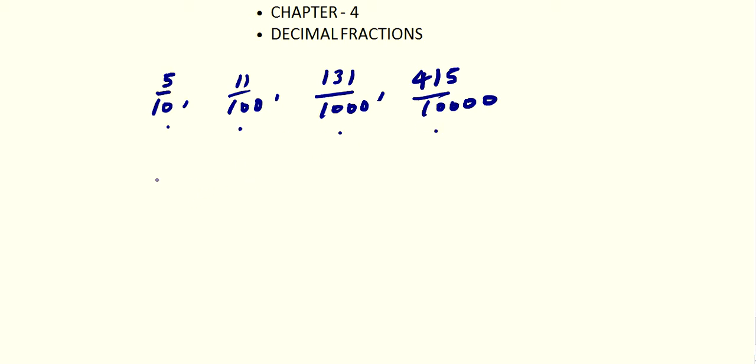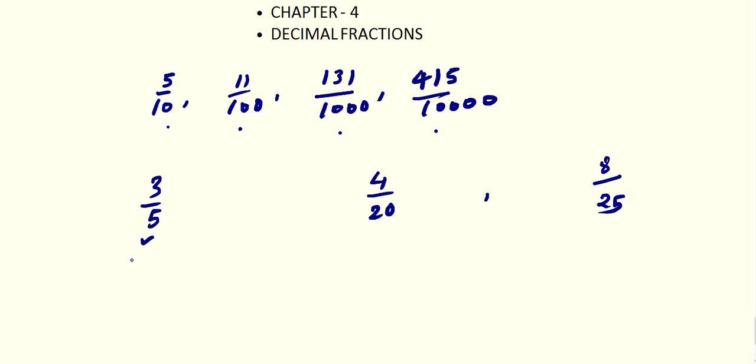Then what about 3 by 5, 4 by 20, 8 by 25? First you have to see the denominator. In 3 by 5, the denominator is 5.